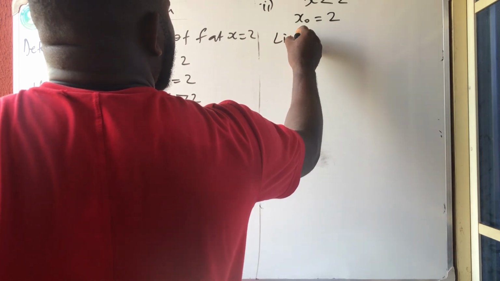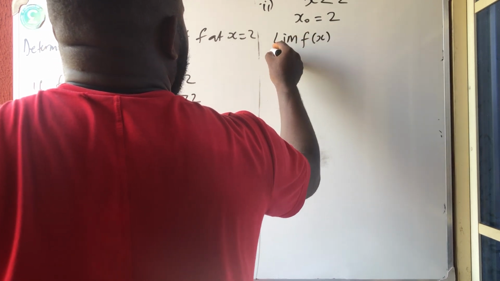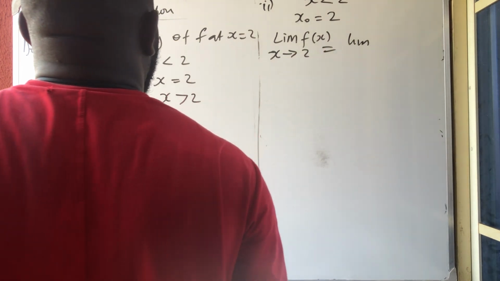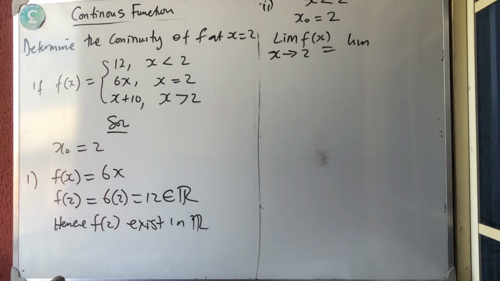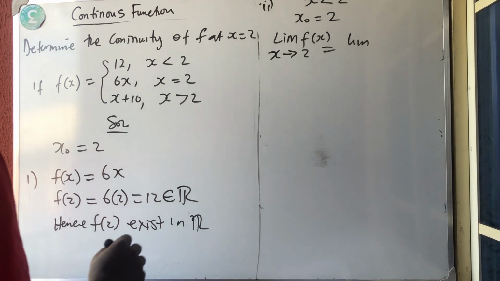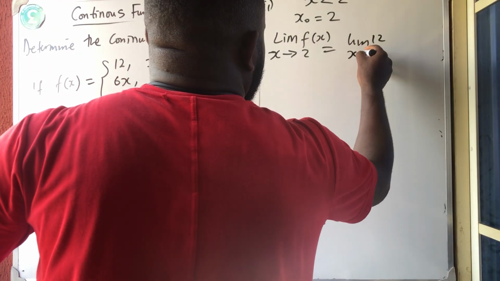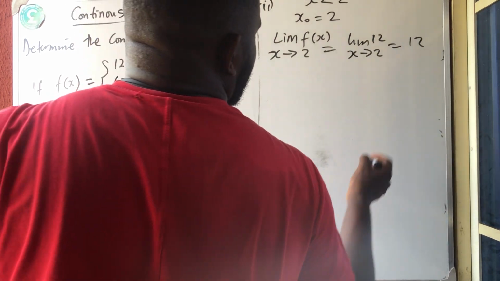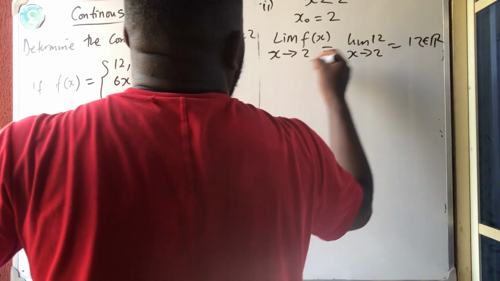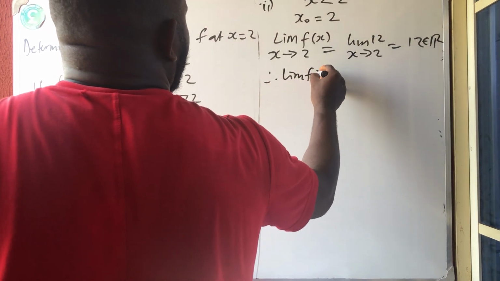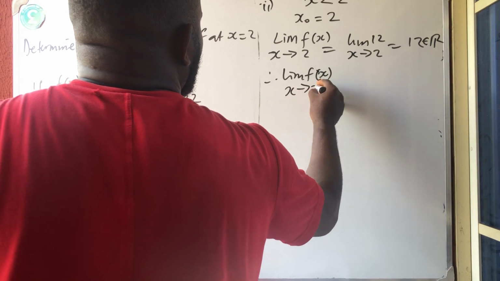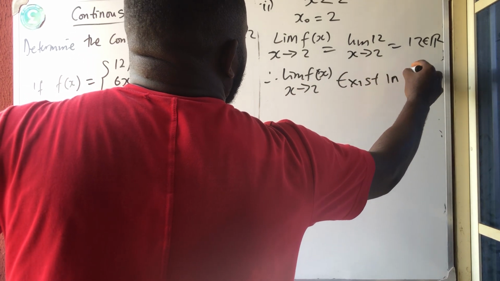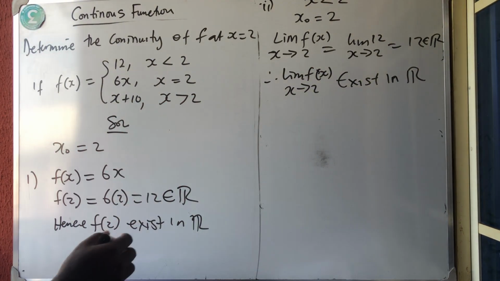So we are using the limit of f of x as x tends to 2, which is the limit of 12 as x tends to 2, which is simply 12, because we are not substituting anything. And 12 is an element of a real number. So therefore the limit of f of x as x tends to 2 exists in R. We got the same answer, 12, and it still exists in R.